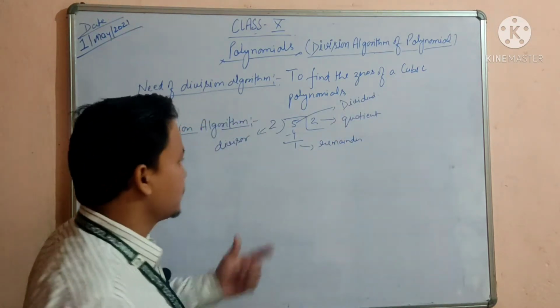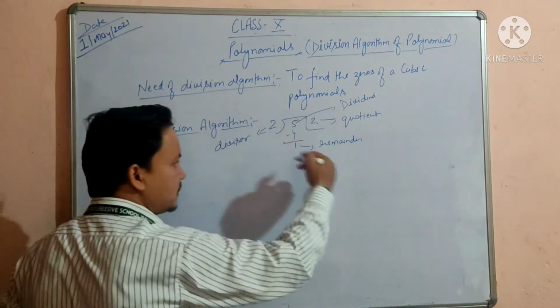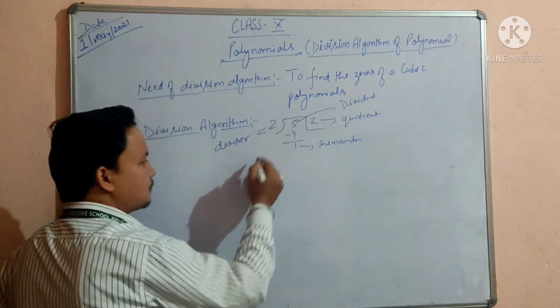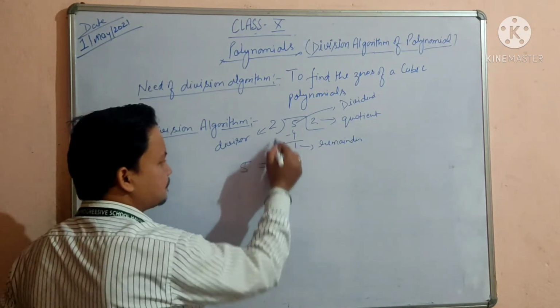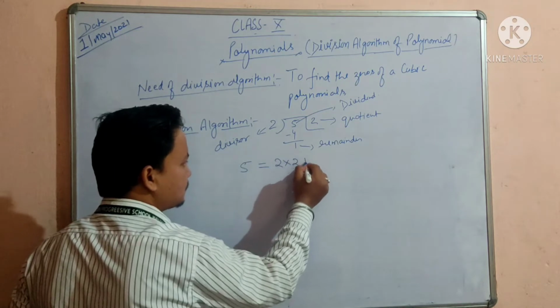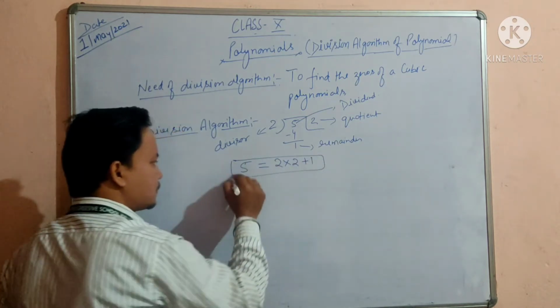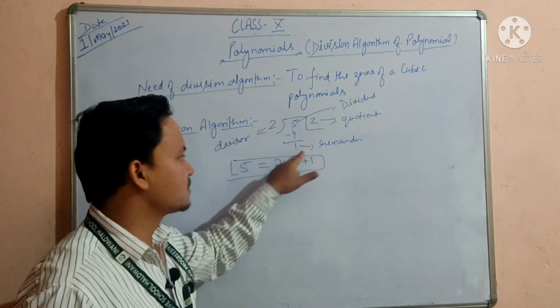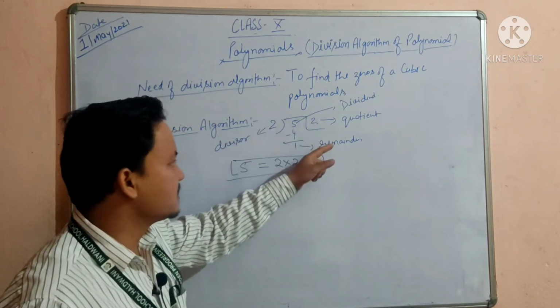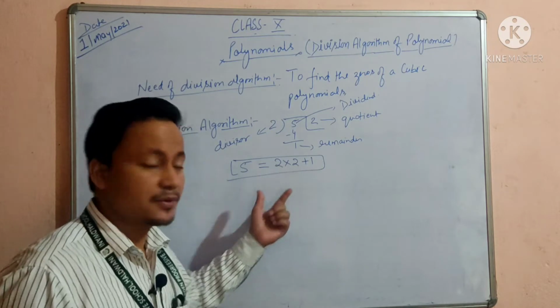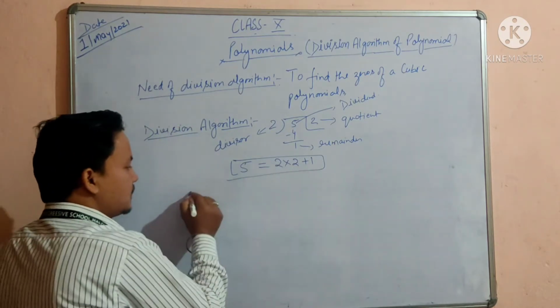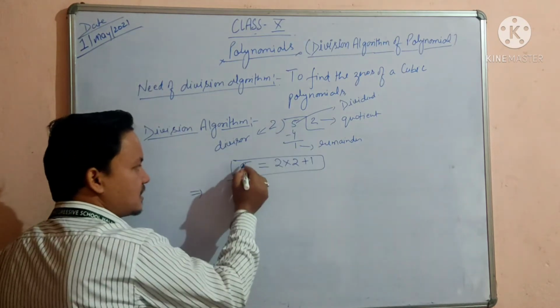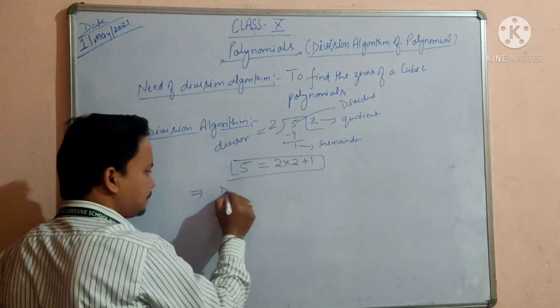So what is the relation between all these figures? 5 can be expressed as 2 multiplied by 2 plus 1. Yes or no? Now in terms of divisor, dividend, quotient and remainder, how will we write it? There is a relation: 5 is the dividend.